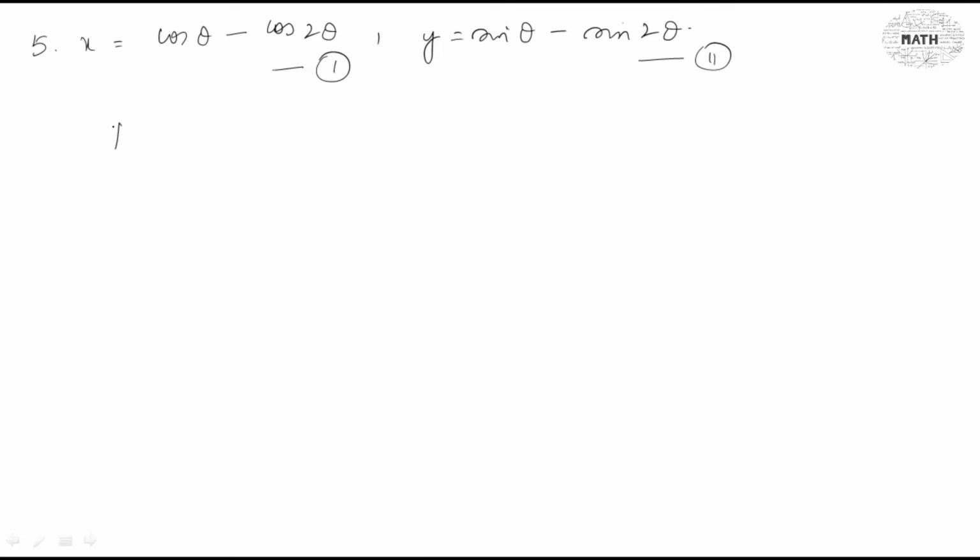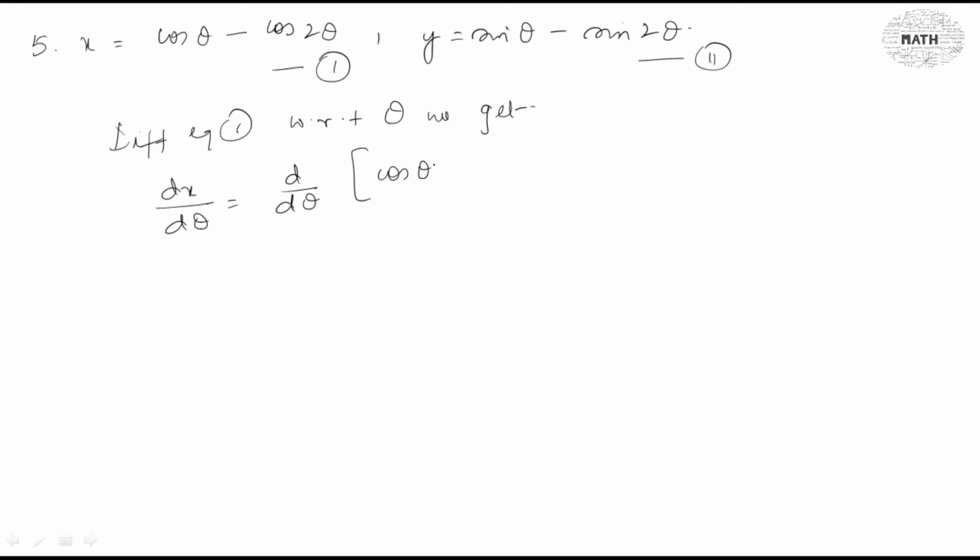So differentiating equation 1 with respect to theta, I'll get dx by d theta is equal to d by d theta of cos theta minus cos 2 theta. So d by d theta of cos theta is how much? Minus sine theta.